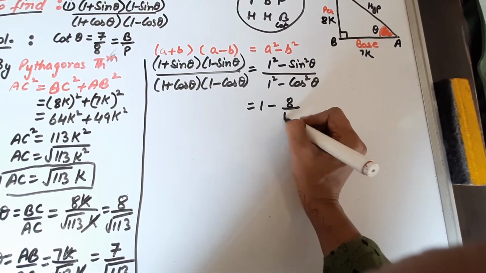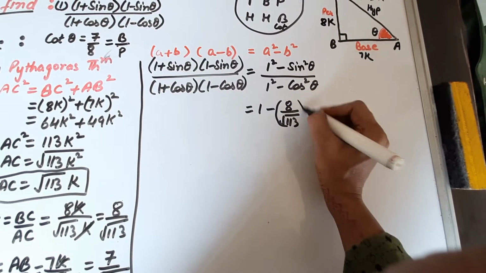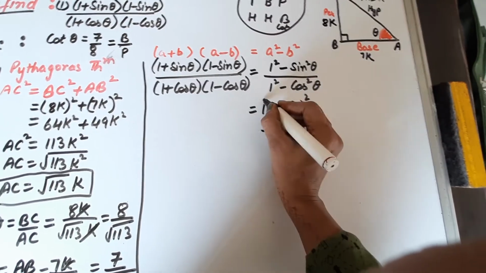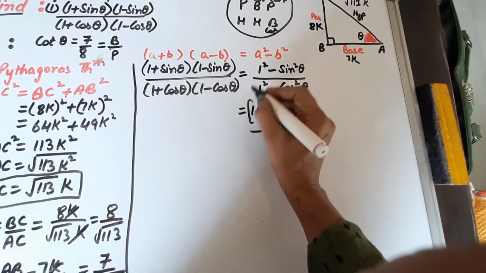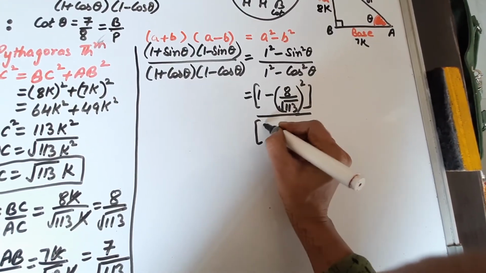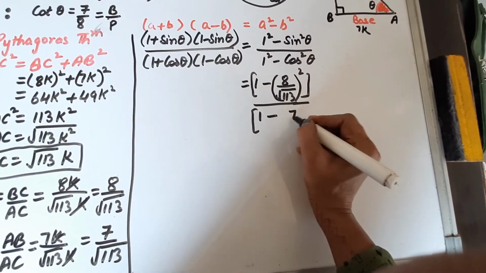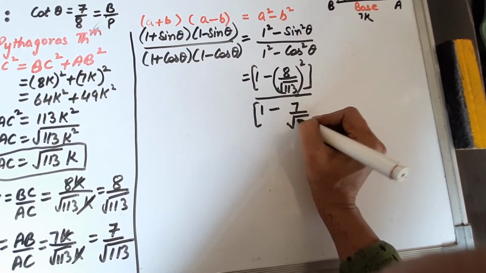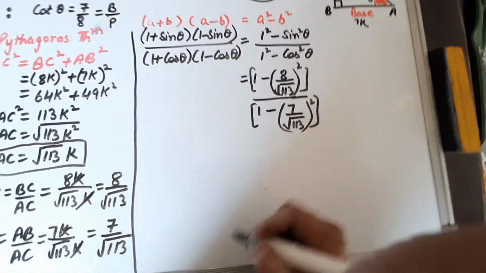So let us put this value here, and square is there. So square of this value, let us enclose it in the bracket. This is the numerator. Now denominator. 1 square is 1 minus cos. Cos is 7 by root 113 and again a square, right?